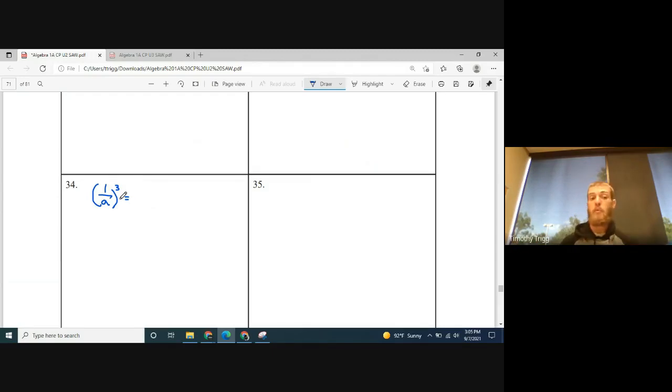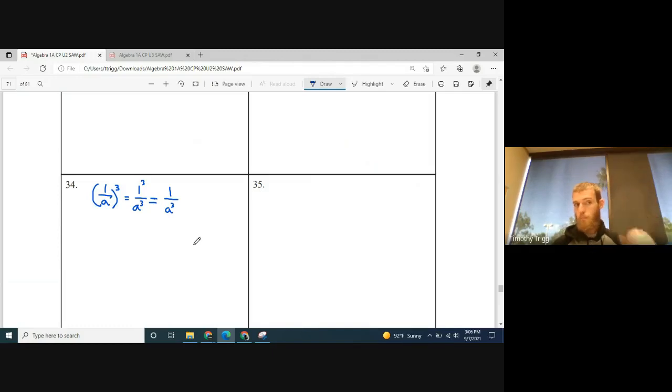Cubed and to the power of 3 mean the same thing. Okay. So here we have 1 over a cubed. So that would make 1 cubed over a cubed. Well, what does 1 cubed mean? That means 1 times 1 times 1. Well, that's just 1. Here, a to the power of 3, and we'll just rewrite it like that.